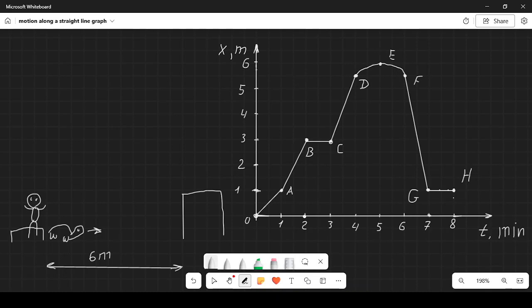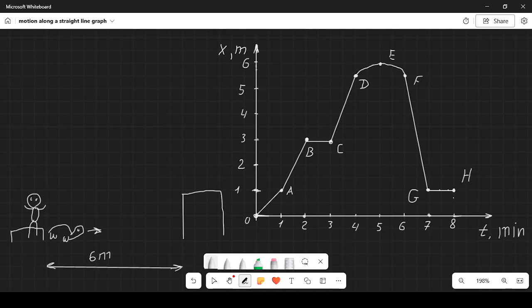Okay, what happened at this point of time? At this point it's 2 minutes from the moment the turtle started its motion. Looking at this part of the graph, this line, we see the time goes forward. Time always moves. We can't stop it, unfortunately. But time goes on, and the position doesn't change.